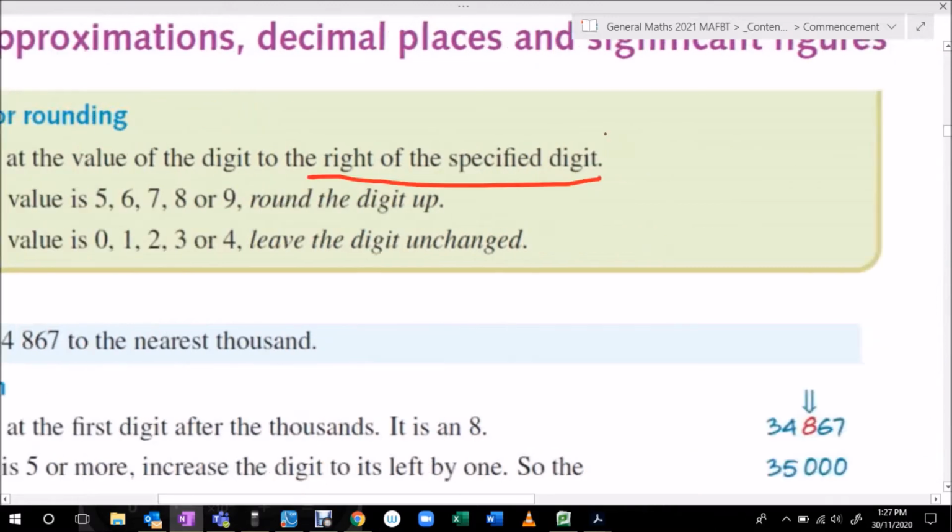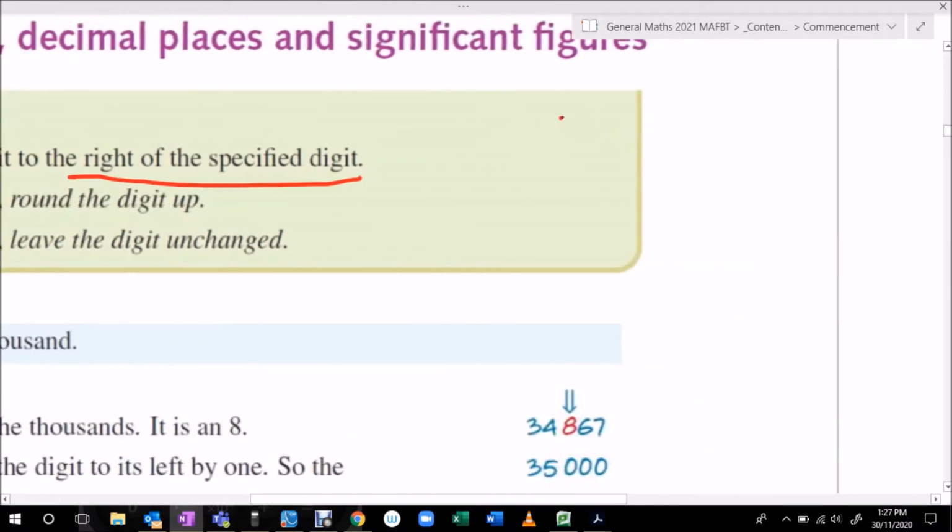What that's saying is, if you've got a number like 367,015, and it's asking you to round it to the nearest tenth, you always have to look at the number on the right, because that will influence the last number you're rounding to.